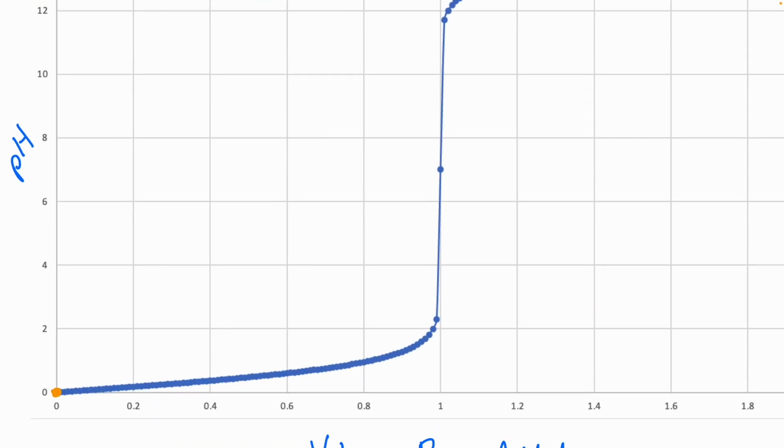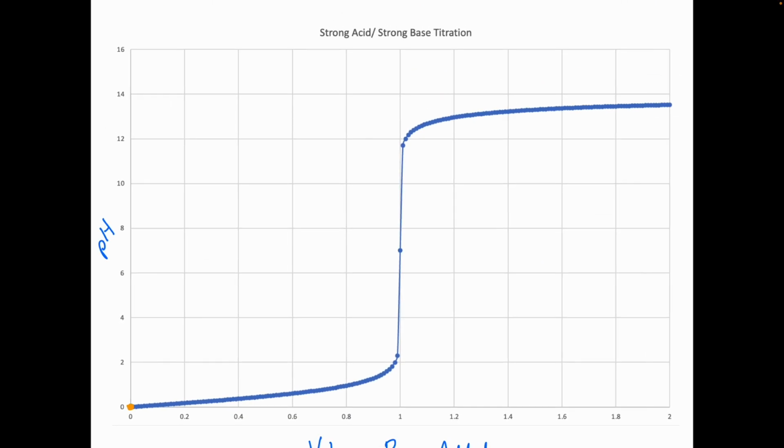All right, so this whole bit here would be considered region 2. I guess without that start. So starting here, boom. Our third region is again just one point on this graph. This point right here. This is the midpoint of that vertical region, and this is what's called the equivalence point.